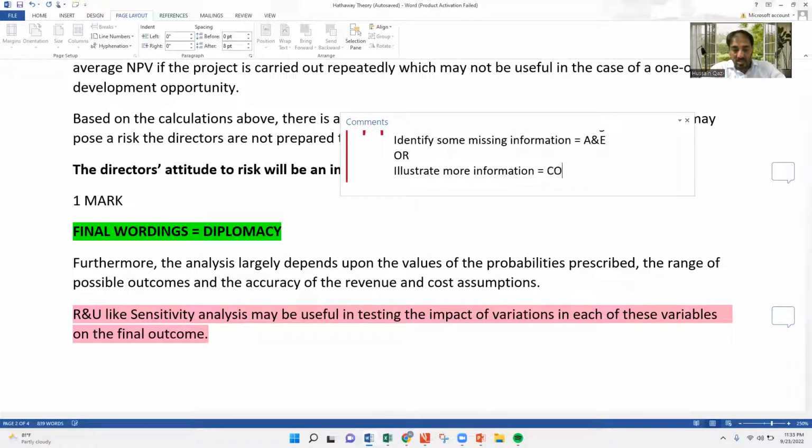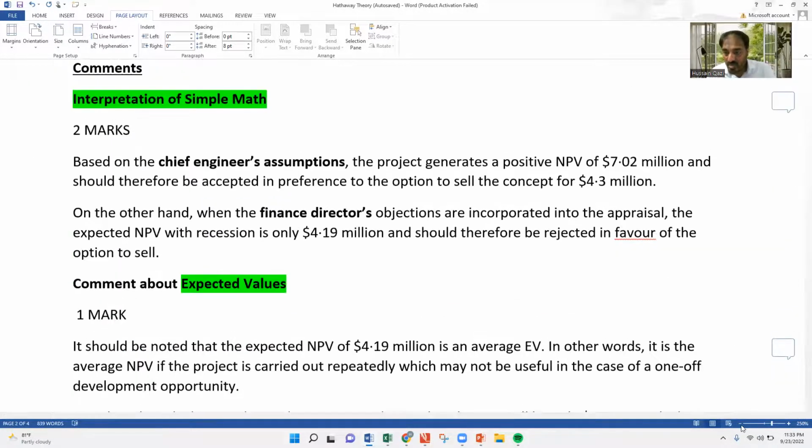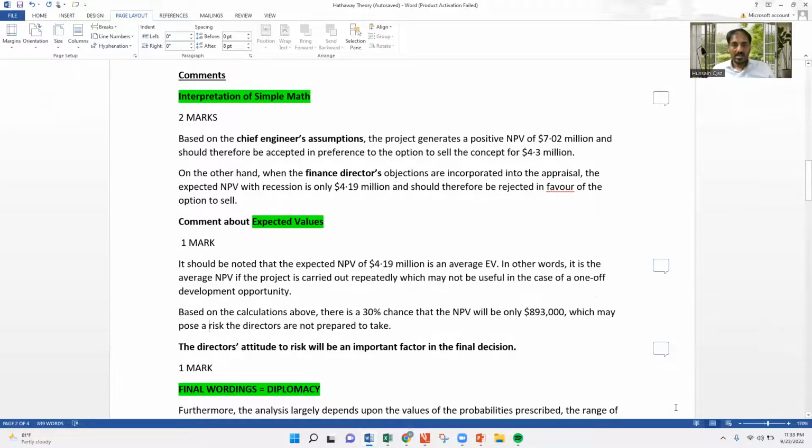More information. This is called commercial acumen. That's your final answer. Conclude. This is the combination of technical marks and professional skill marks.